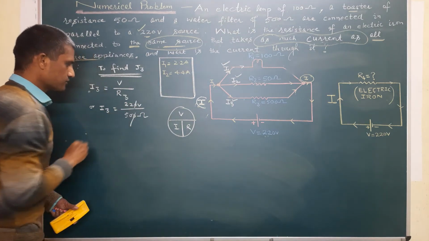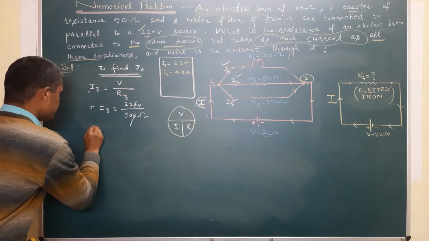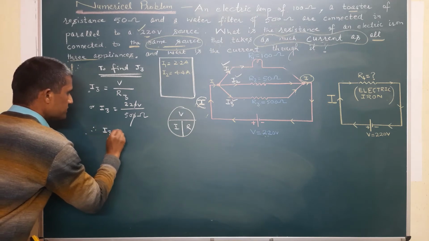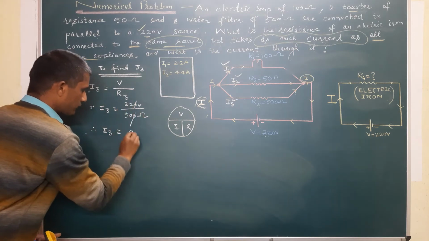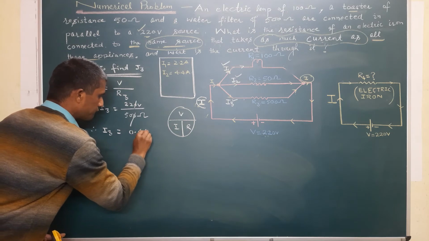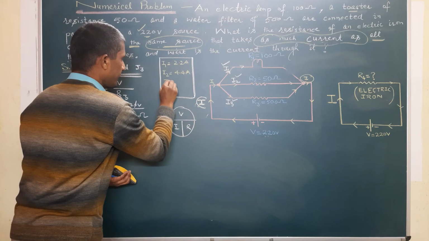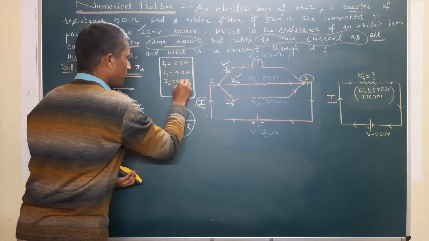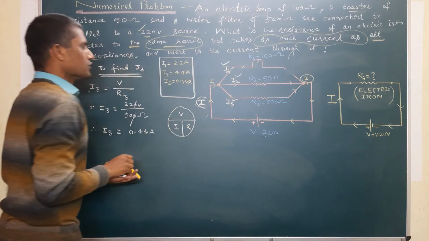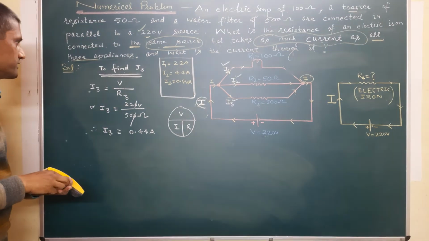When you solve it, the current I3 comes out to be 0.44 ampere. So there you are.